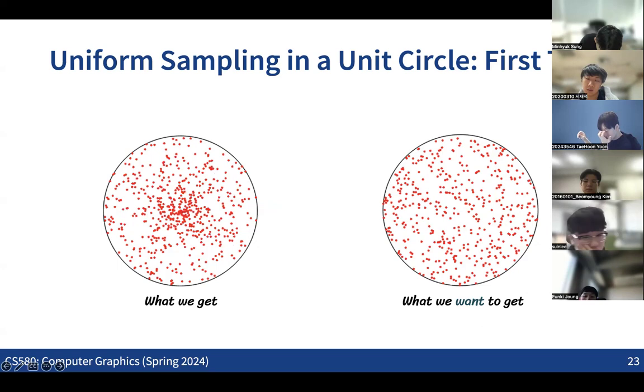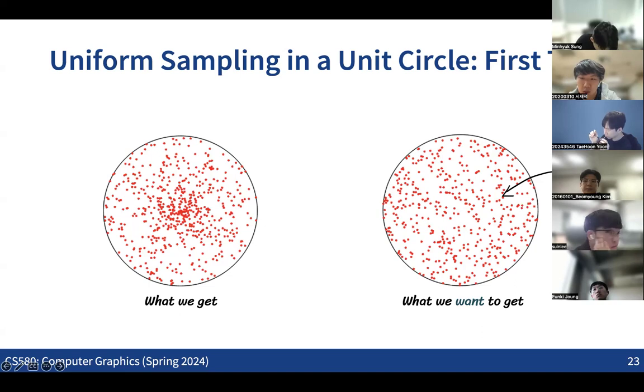That's why we have a concentration at the center: as we get closer to the center, the area of the region becomes smaller while we have the same probability of picking that region, right? So the question is how we change the sampling probability density function so that we can get uniform samples.